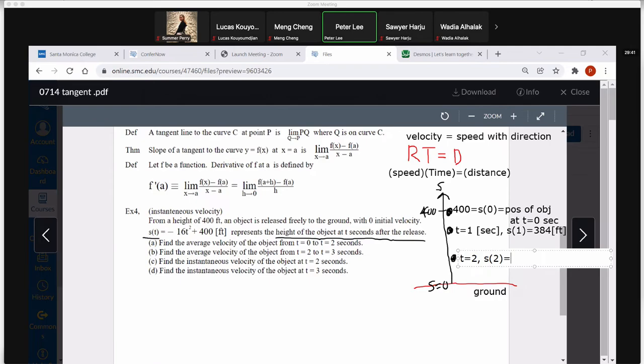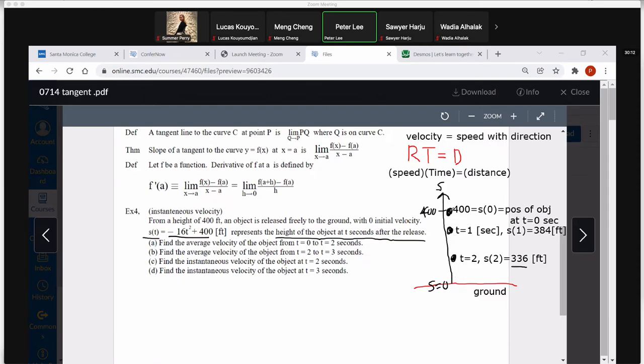Minus 64 plus 400. That will be 336. So when you plug in t equals 2 into the function, that will become 336 feet. Obviously this is not to scale.